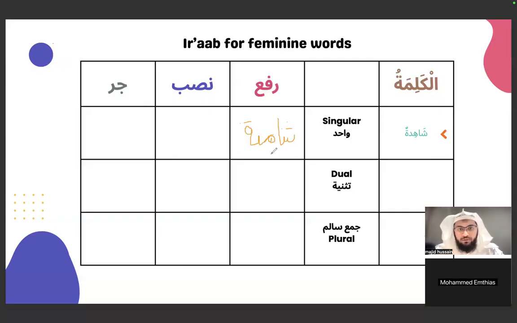Okay. Sha. Here we are not connecting the small ta with the dal. We're not connecting the small ta with the dal, so we keep it separate.